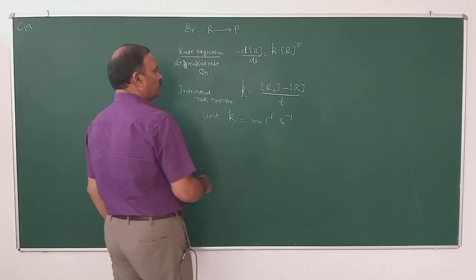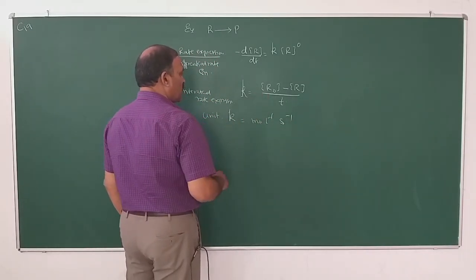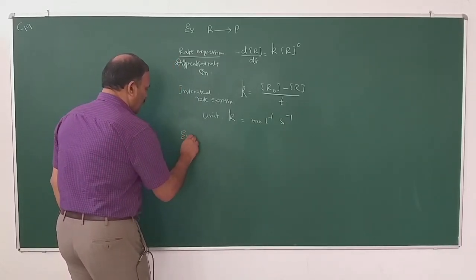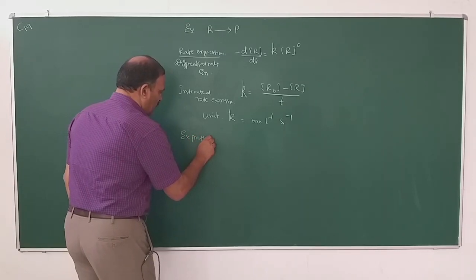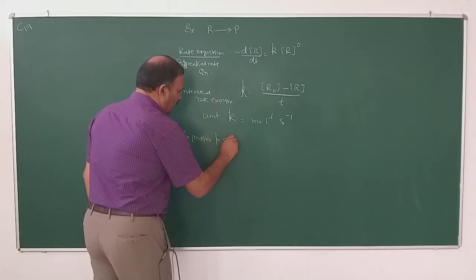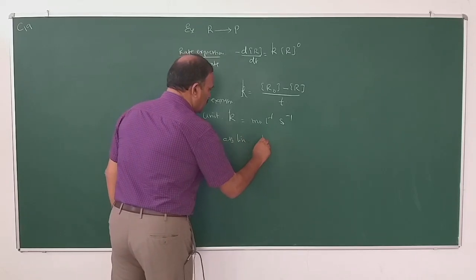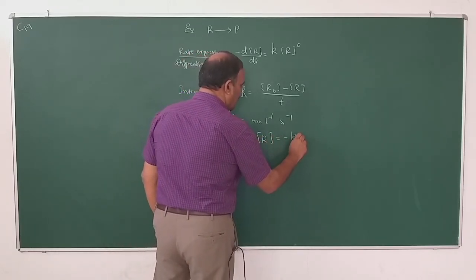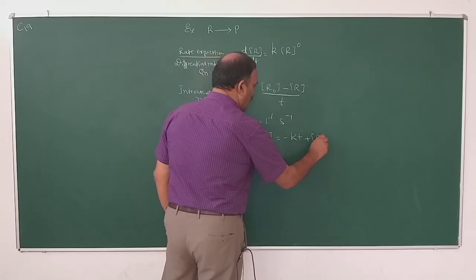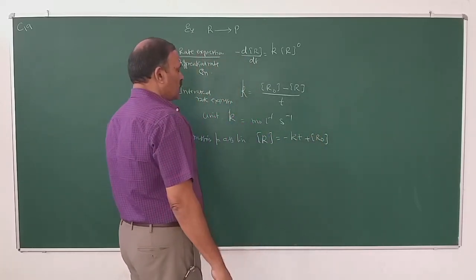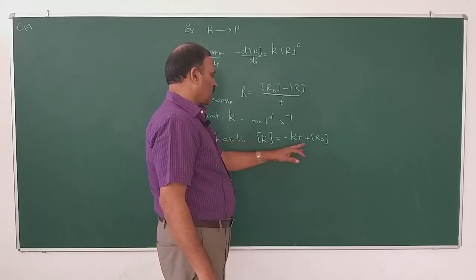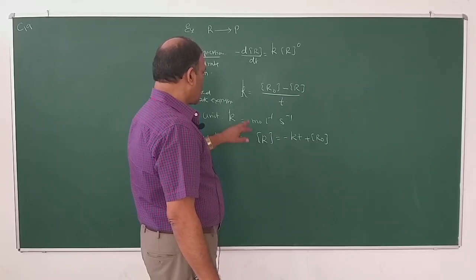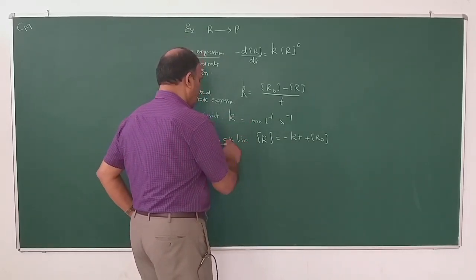Using this equation, we can write an expression for a straight line: [R] equals minus Kt plus [R]0. This is the integrated rate equation in the form of a straight line.